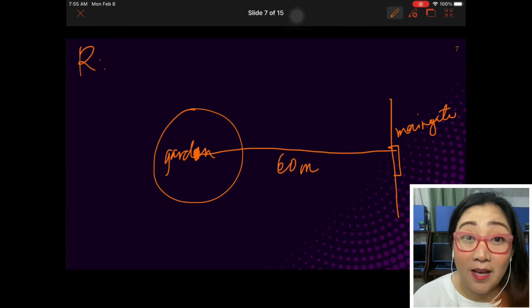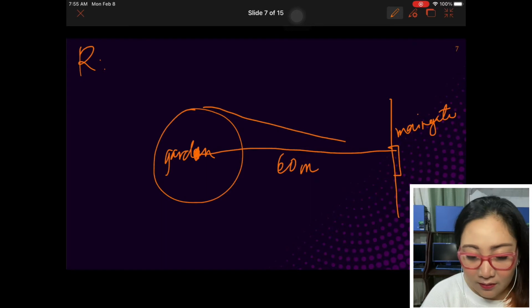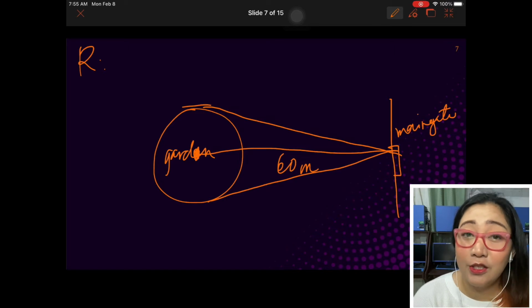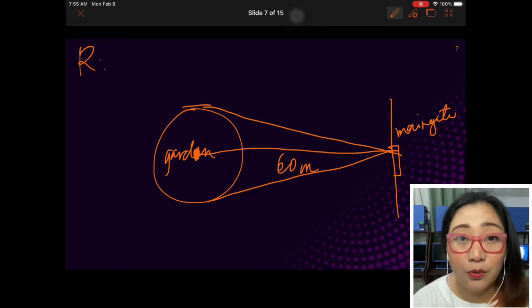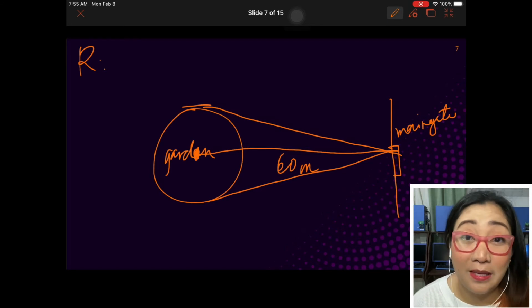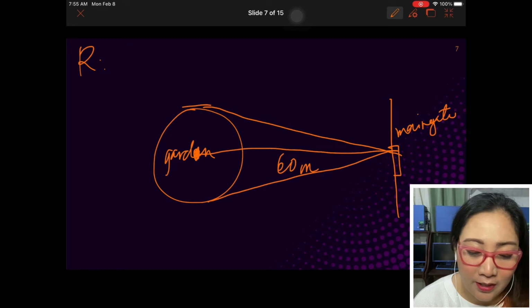Tapos, may dalawang pathway na parehong tangent sa circle from the main gate. So, ano itsura niyan? So, ganito lang po yan mga anak. Okay? So, you have here two lines that are tangent to the circle and are passing through dun pa rin sa main gate. So, what does this look like to you? So, ito yung ating pathway.